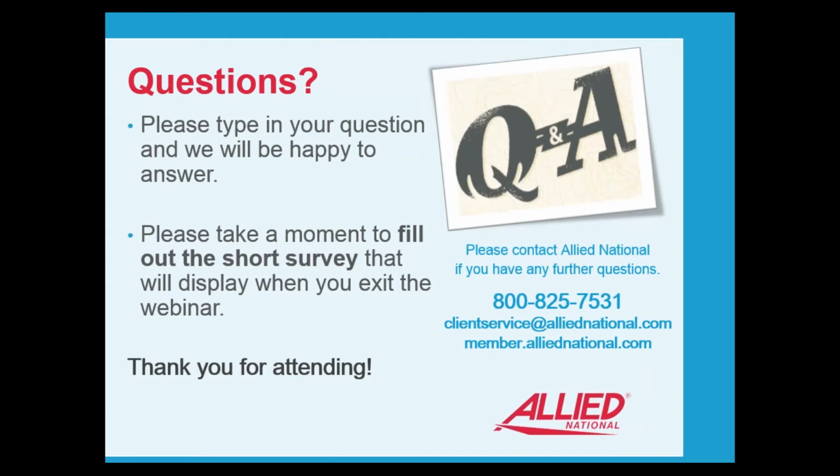Basically the only thing you need is your health plan ID card, and Catherine showed you the back of that card has your Allied Member Connection ID on it. You provide that from the members.alliednational.com registration page, and it will lead you through the process to register, verify your account, and get you signed in to the system.